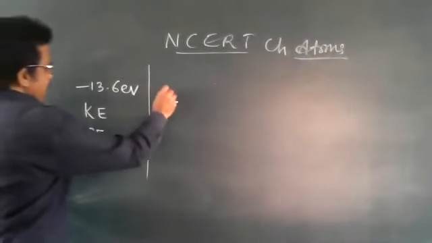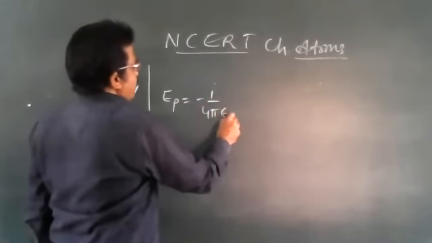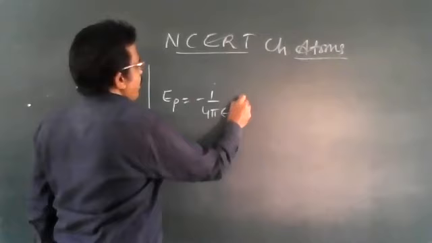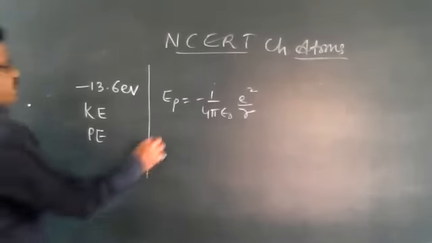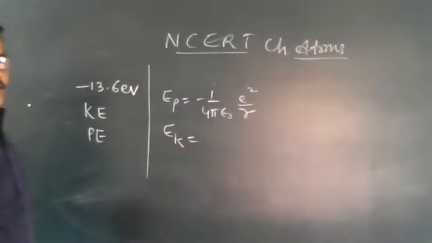The potential energy is minus 1 upon 4 pi epsilon naught, e square by r. This is the formula for potential energy. And the formula for kinetic energy, see that in your notes, is 1 by 2, 1 upon 4 pi epsilon naught, e square by r.